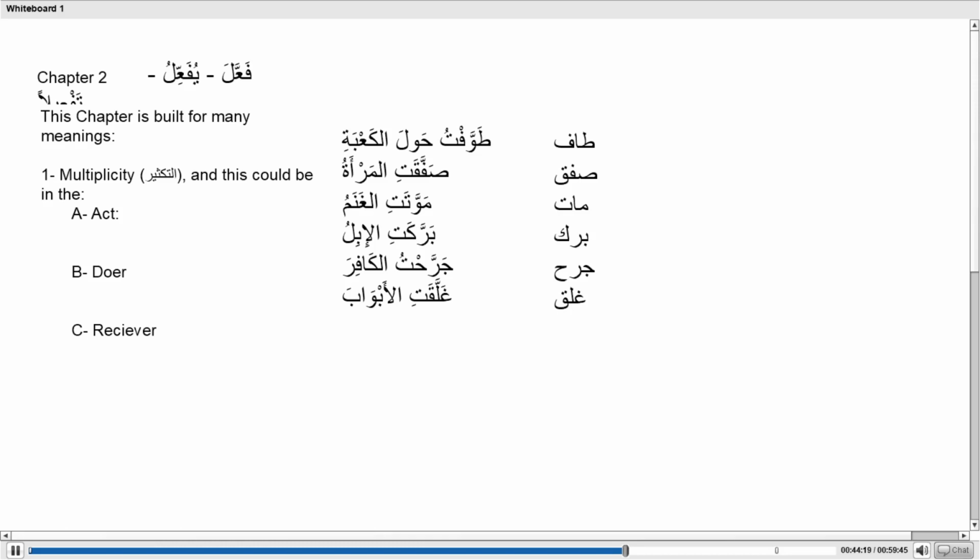That's possible logically. But have any of the scholars said it? Allahu A'lam. If kafir is plural, then the multiplicity will be on the receiver. Yes, that means you are showing that you have wounded many kuffar. Understood?